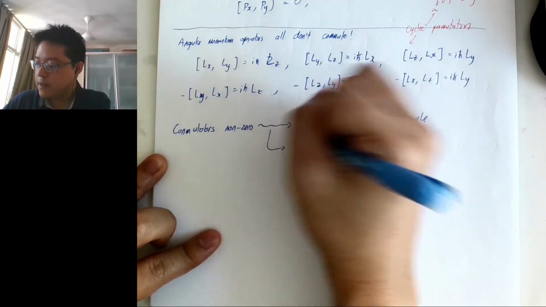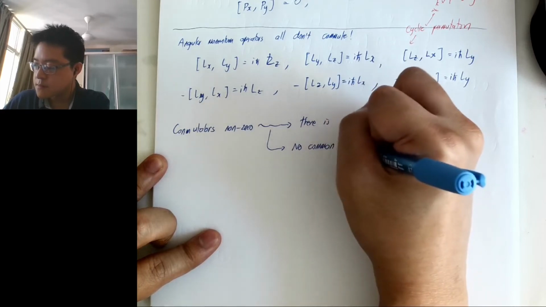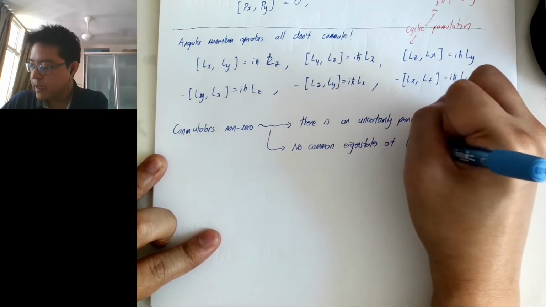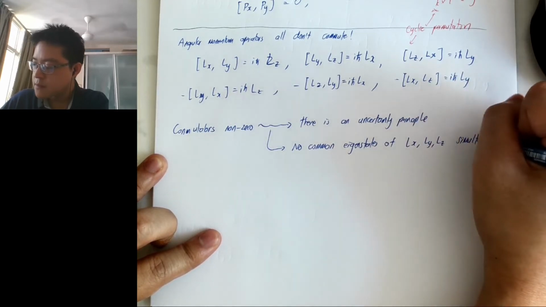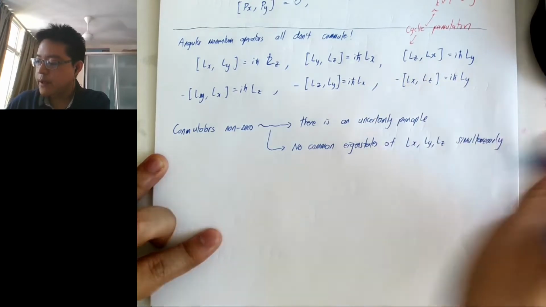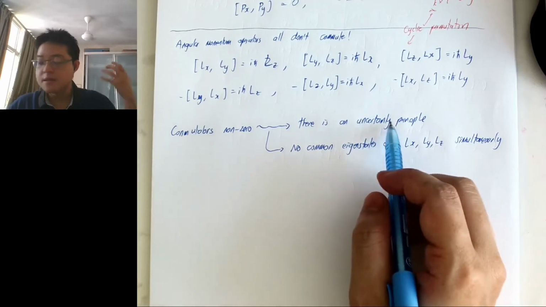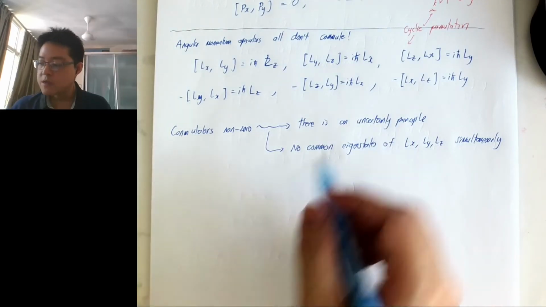And then there is no common eigenstates of Lx, Ly, Lz simultaneously. And we have learned that these two are interrelated, because these two are consequences of the commutator being non-zero.